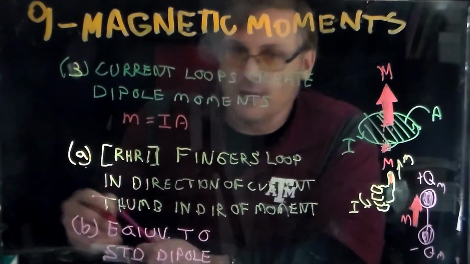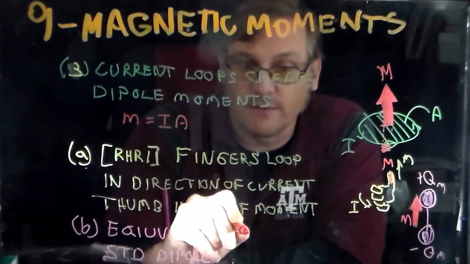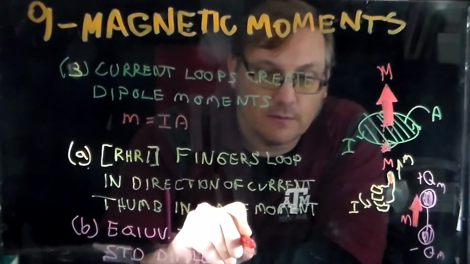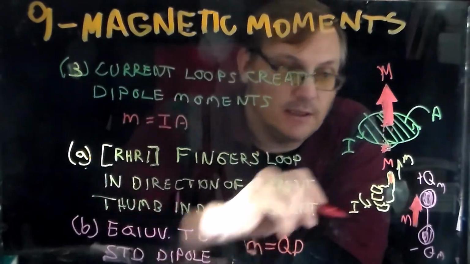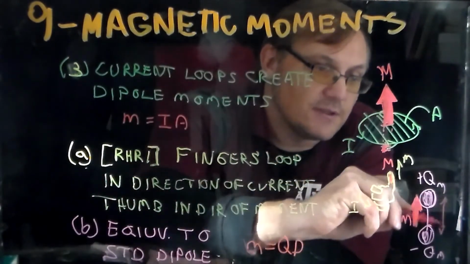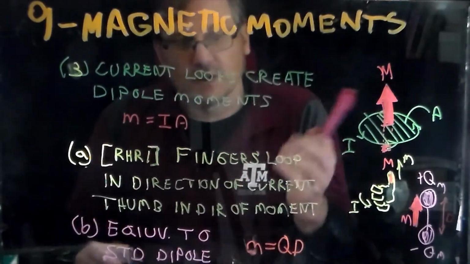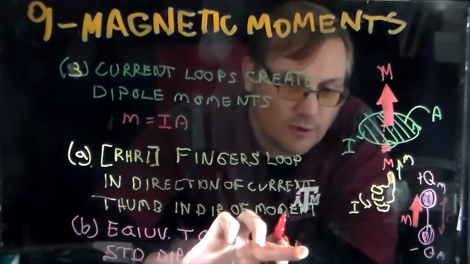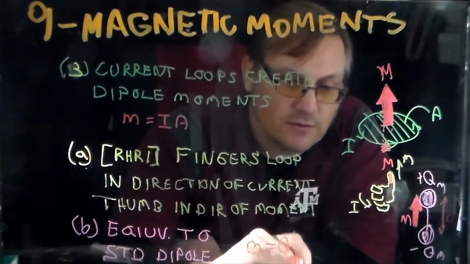So that says that the magnetic moment is equal to Q times D, where the center-to-center distance is D, and I have to remember to write Q sub M because it doesn't have units of charge.